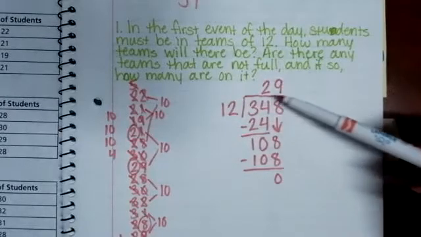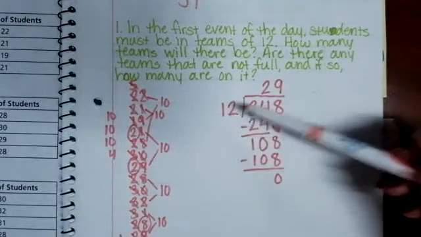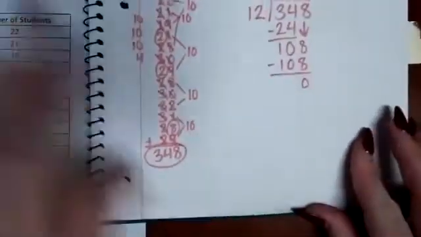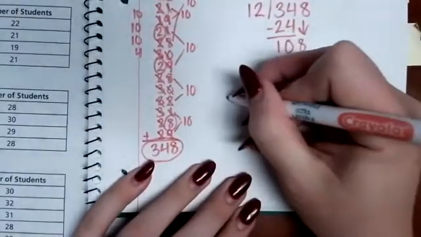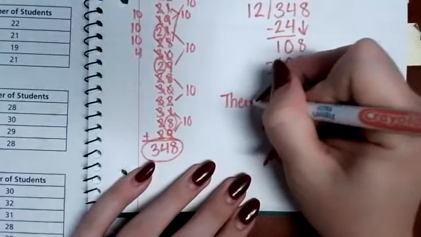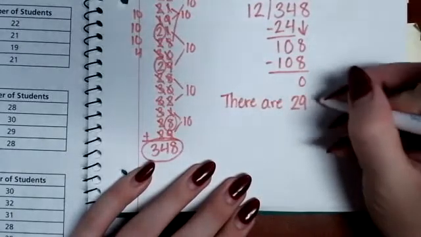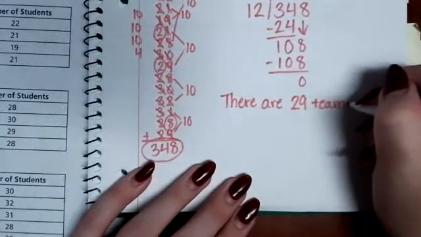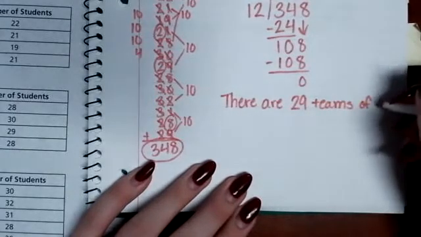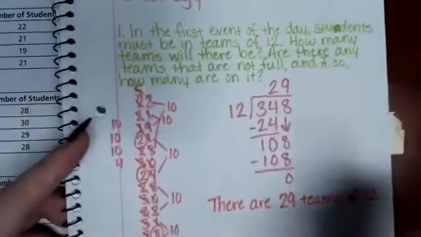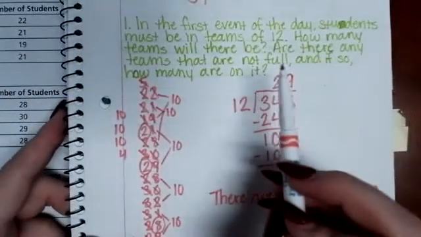So that means I got 29 groups of 12, or 29 teams of 12. So my answer is going to be, I'm going to write this out. There are 29 teams of 12.